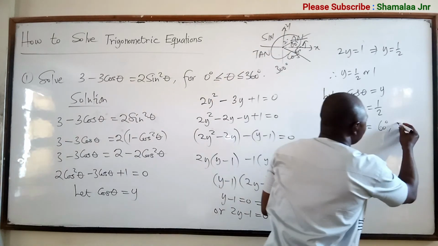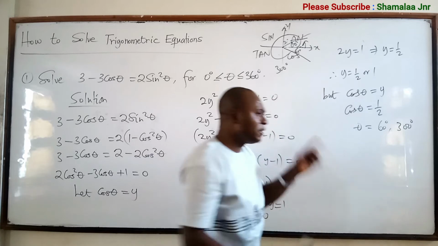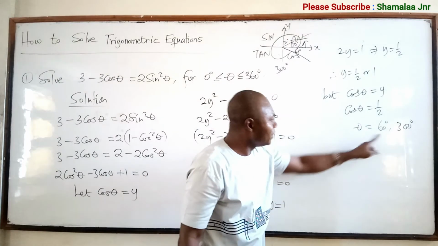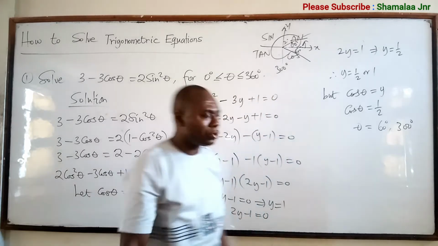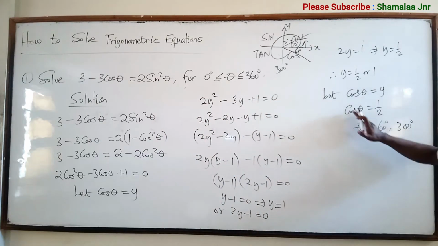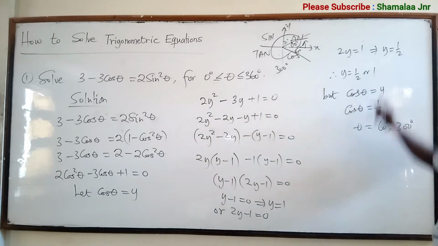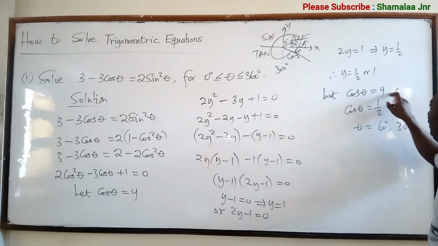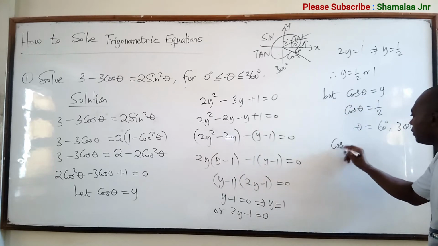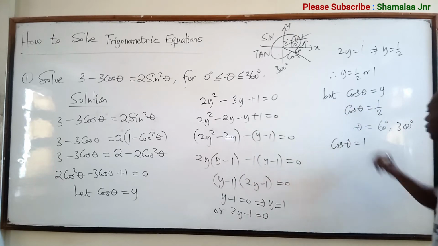So what this means is that cos 60 is 1/2. Cos 300 is also 1/2. The 1/2 has given us these two angles. Now let's look at 1. So cos theta is equal to y. So we can say that cos theta is equal to 1. Isn't it?